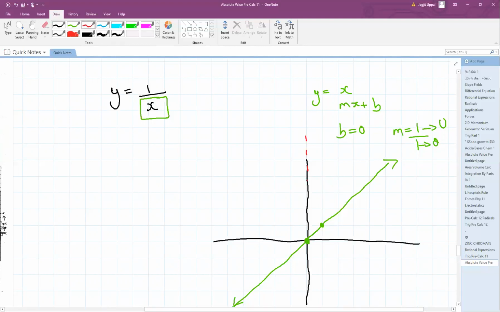That's going to be your vertical asymptote, at the x-intercept of the original, which is at x equals 0. And I want you to remember for all these graphs, the horizontal asymptote is always going to be at y equals 0. Remember that. And now we're going to draw the rest of it.